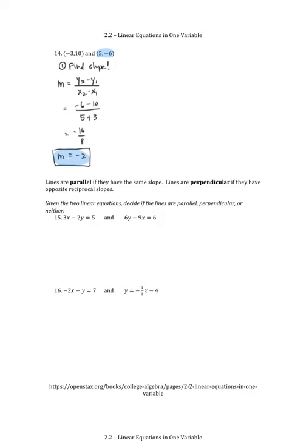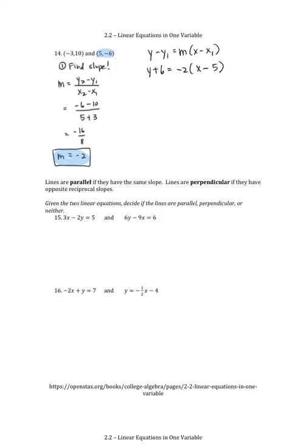So I'm going to use my slope and my point in the point-slope form. So that's y minus y1 is equal to m times x minus x1. And so now we're going to have y minus a negative 6, so it's going to end up being plus 6, the two negatives make a plus, is equal to m, which is negative 2, times x minus x of 1, which is 5.